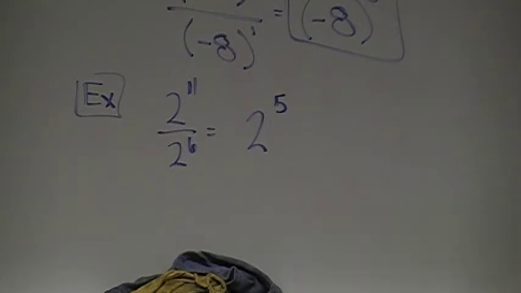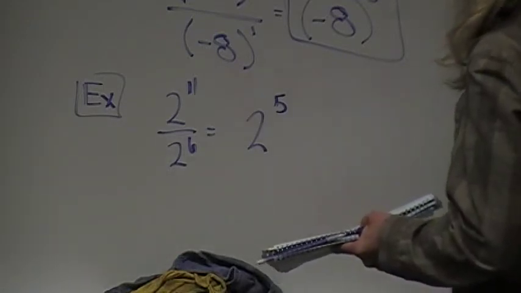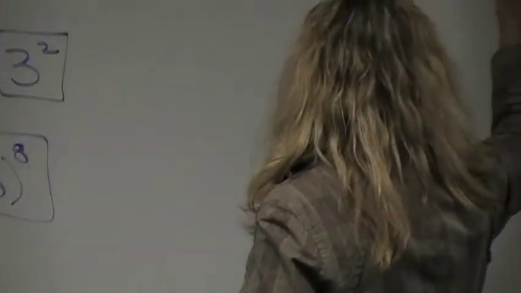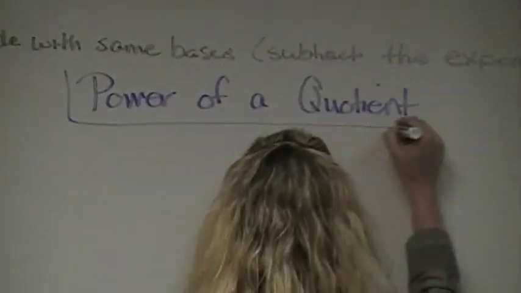The next big exponential property dealing with quotients is called the power of a quotient. Power of a quotient. And in 8.1, we had power of a what? Product. Right.